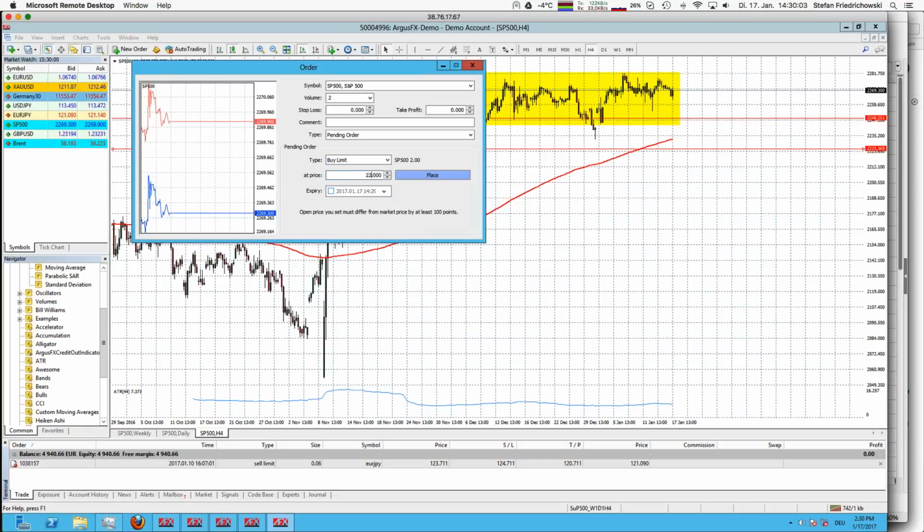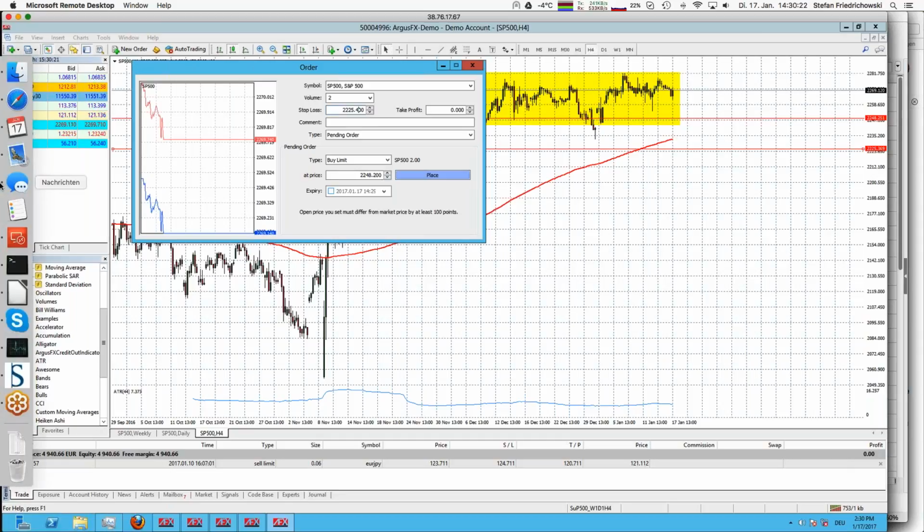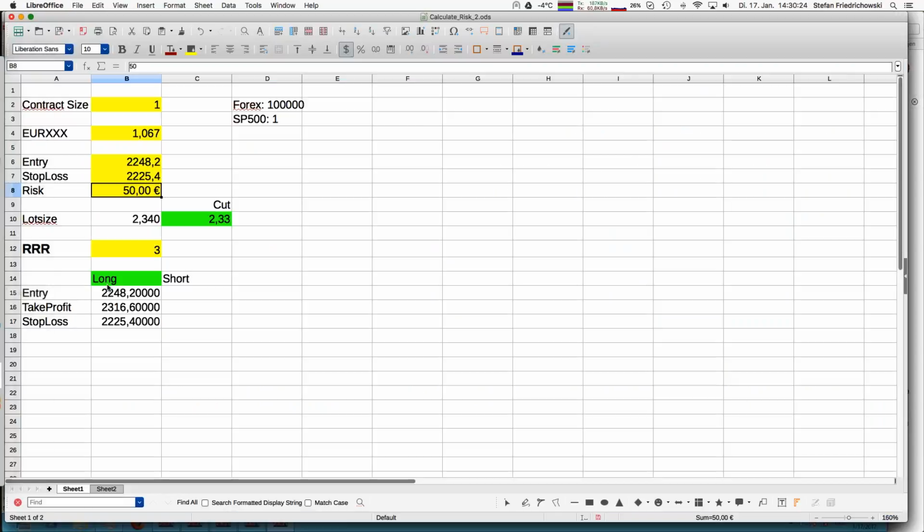and my price level for the entry is 2248.2, and my stop loss is 2225.4. And let me check my setting.